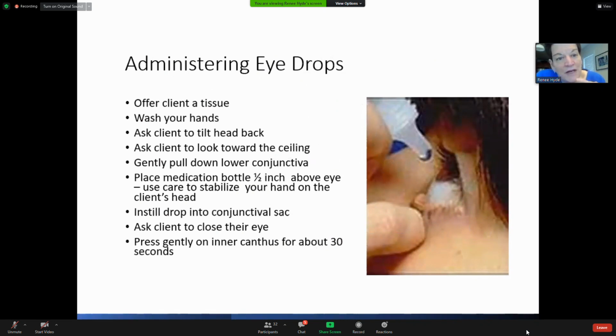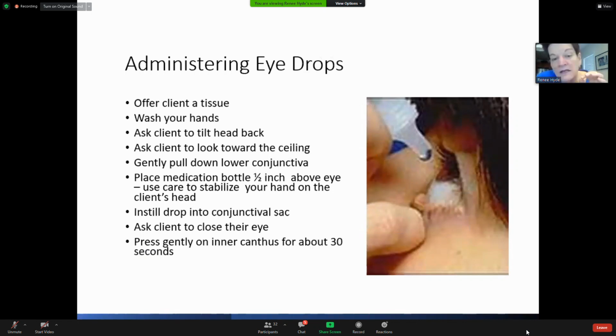Now, I know this is a review from 101, but I would take a look at this. How do we administer eye drops? Definitely don't drop it directly on the cornea, because that typically causes a blink reflex and most of the medicine goes out of the eye.